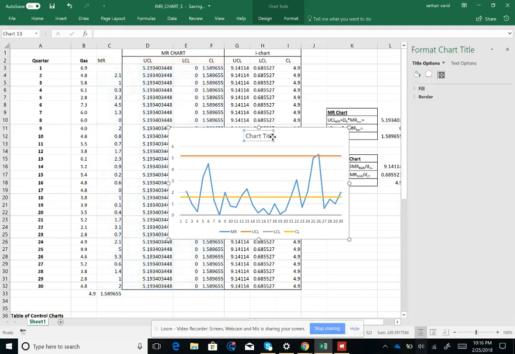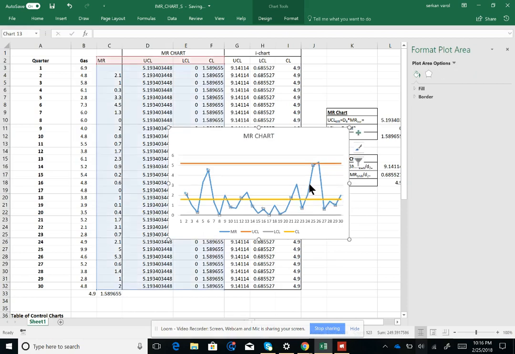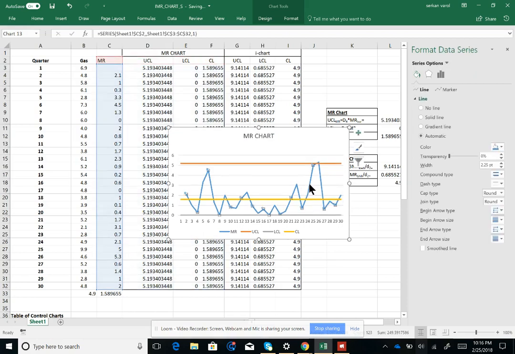Let's name this. This is our MR chart. Let's change this a little bit.